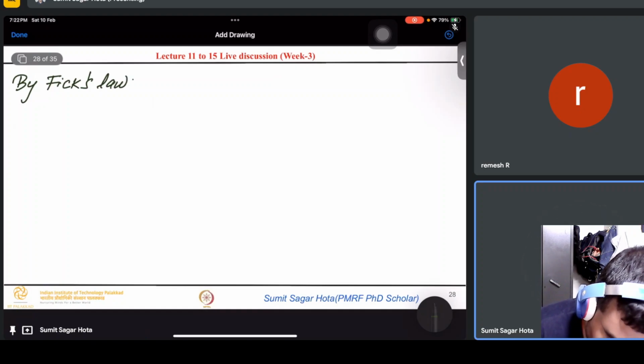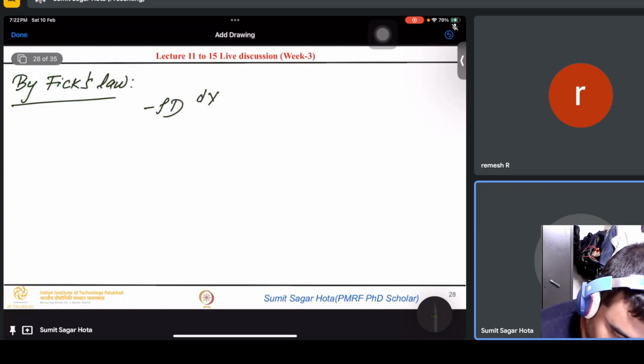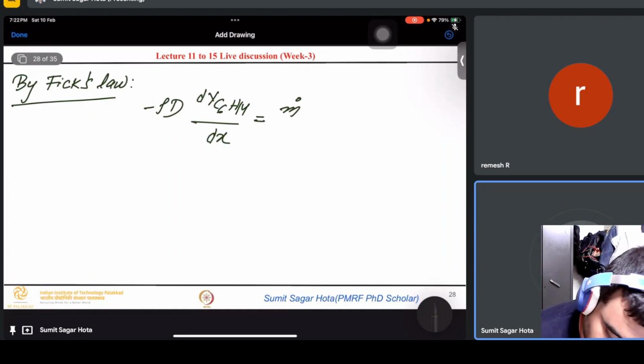Write down Fick's law: the diffusional flux is equal to minus rho D dY C6H14 by dx.